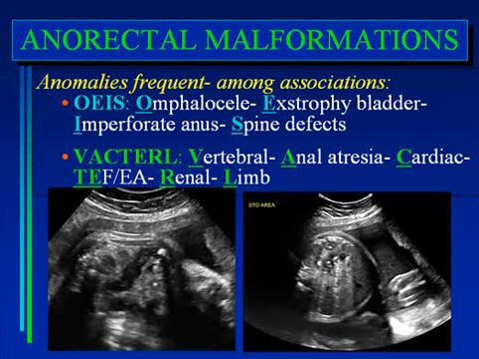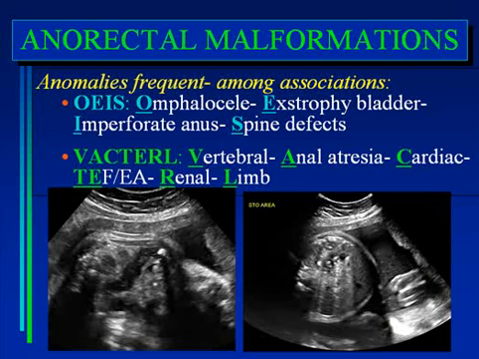Anorectal malformations are seen in conjunction with multiple different abnormalities, multiple anomaly syndromes. Among 2 of the frequent and well-known associations is the OEIS abnormality. That stands for omphalocele, exstrophy of the bladder, imperforate anus, and spine defects. And another common association that is well known is the VACTERL abnormality, standing for vertebral abnormalities, anal atresia, cardiac abnormalities, TE fistula with esophageal atresia, renal abnormalities, and limb abnormalities.